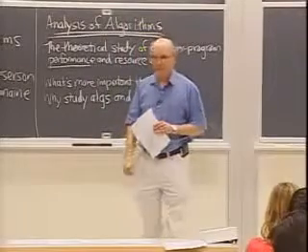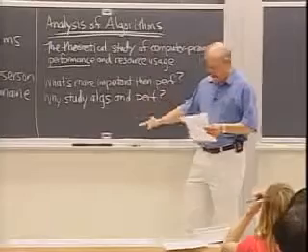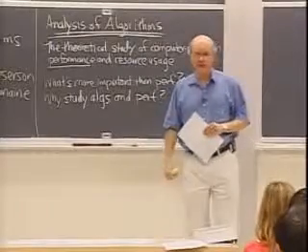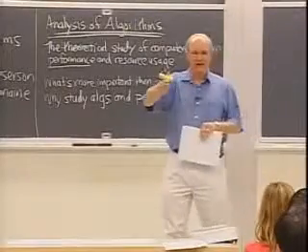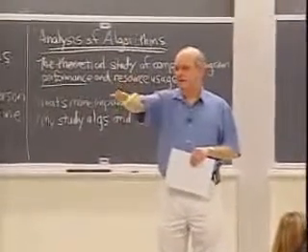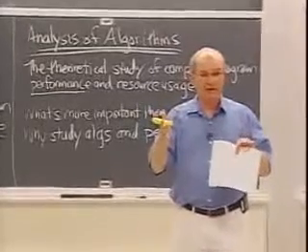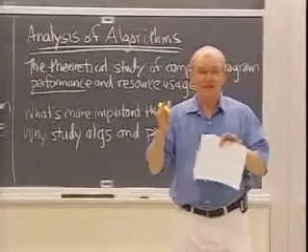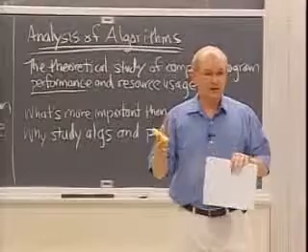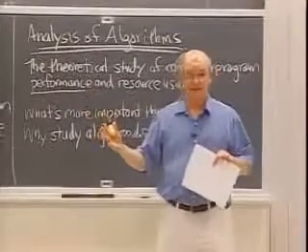So there are several reasons that I think are important. One is that often performance measures the line between the feasible and the infeasible. For example, when there are real-time requirements, if it's not fast enough, it's simply not functional. Or if it uses too much memory, it's simply not going to work for you.